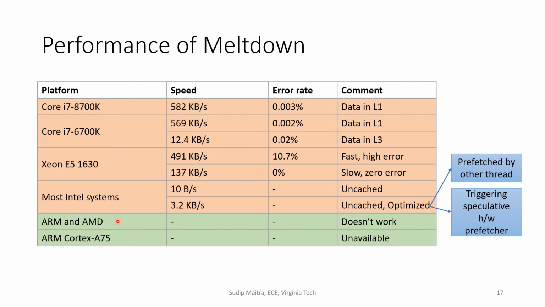It's not possible to know exactly what's going on because these are proprietary knowledge, and you have to sign an NDA to know all that. According to the authors, the only CPU that should be susceptible is A75, but it's not available, so they didn't test that.